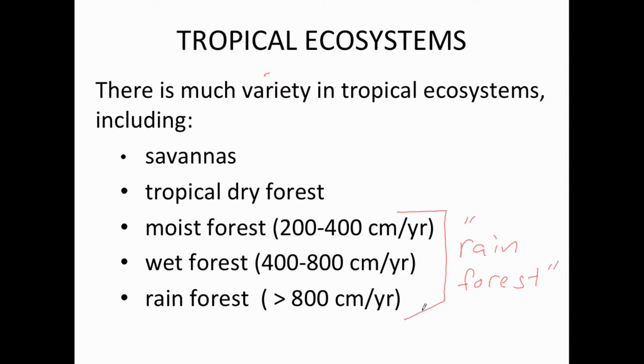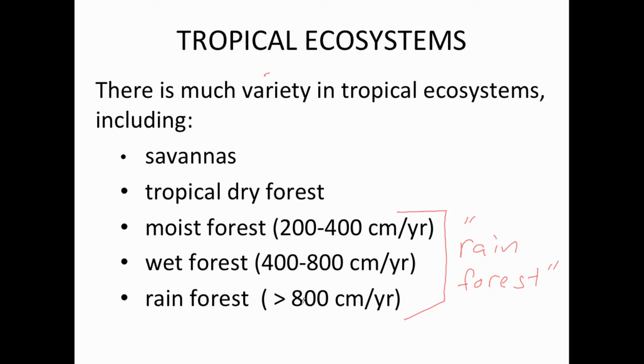They all have a lot of vegetation and lots of diversity of plants and of animals. But technically speaking, if it's 200 to 400 centimeters a year, that's a moist forest. 400 to 800 centimeters a year is a wet forest, and greater than 800 centimeters a year, that is, according to Holdridge, a rainforest. This is actually quite rare.